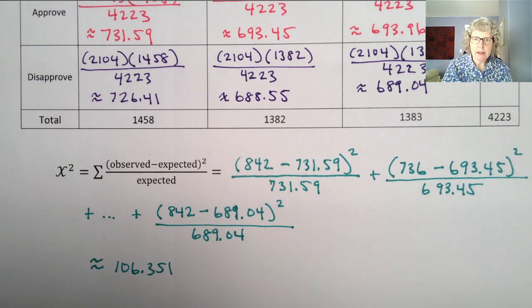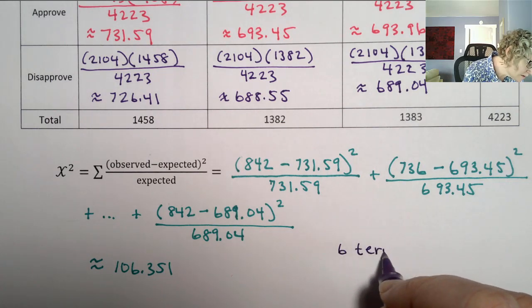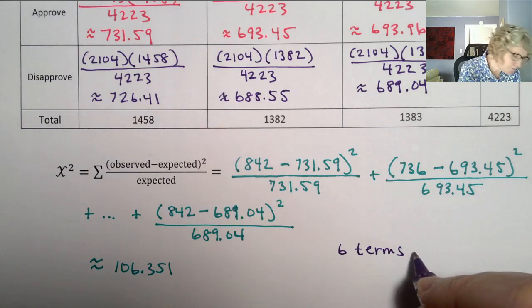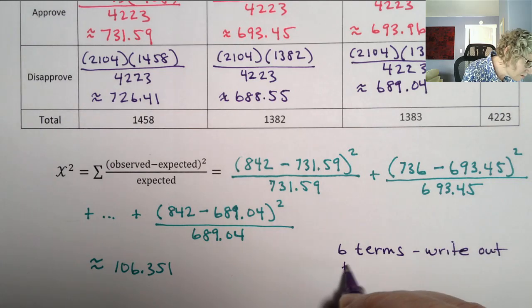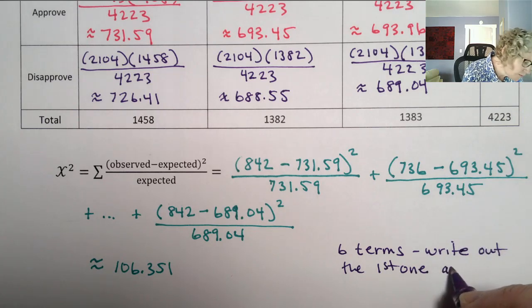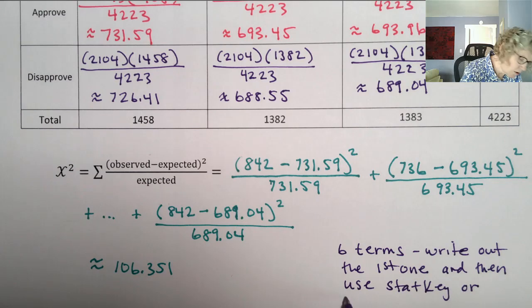Either StatKey or I'll show you on GeoGebra as well. Okay, so I'm just going to make a note here that there are 6 terms in this summation. I'm going to say write out the first one, and then use StatKey or GeoGebra.